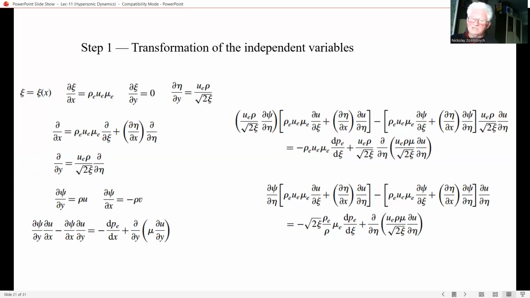Because rho_e, u_e, and mu_e are functions of x only, and since zeta will depend only on x, the transformation given by our equation will be called the Lees-Dorodnitsyn transformation in our lecture.